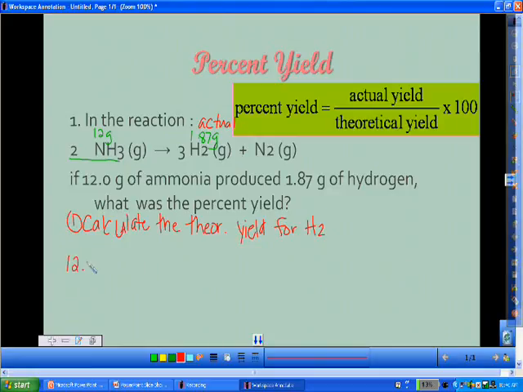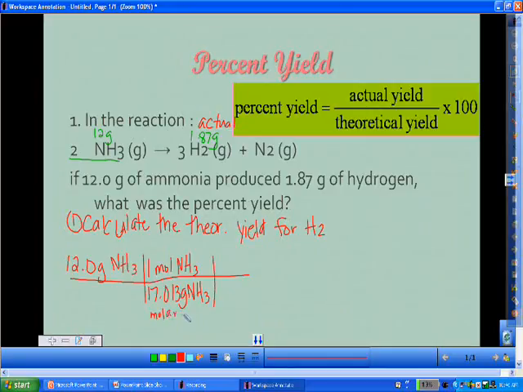So we're given 12.0 grams of NH3. And we're going to calculate molar mass. I have that calculated already. 1 mole of NH3 is equal to 17.013 grams of NH3. Remember, this is the molar mass.